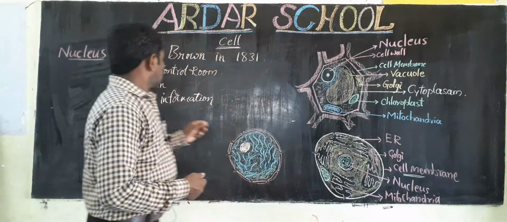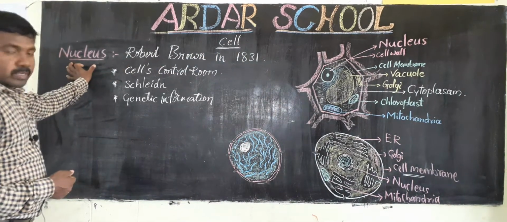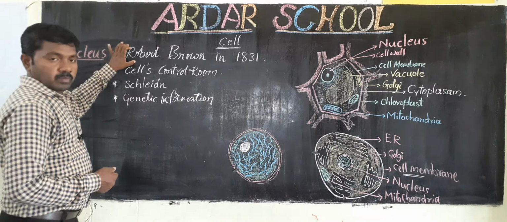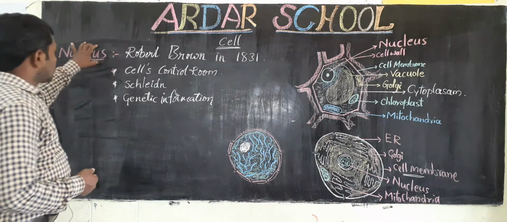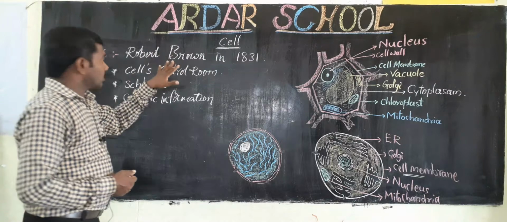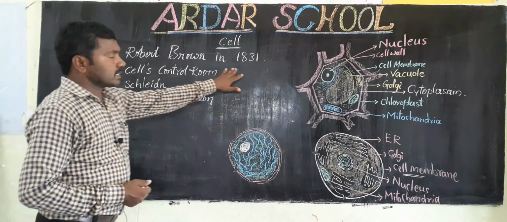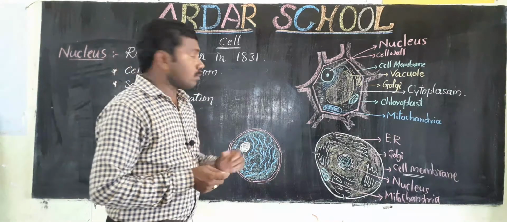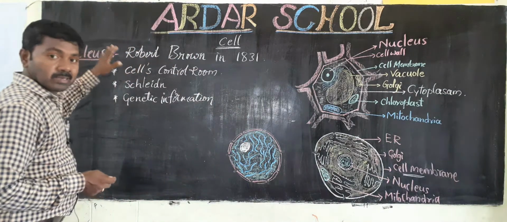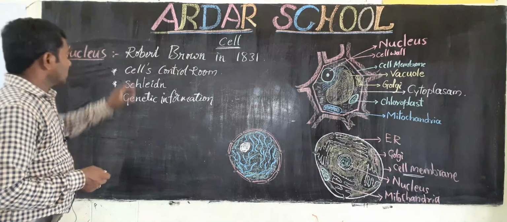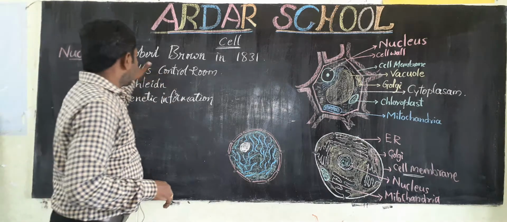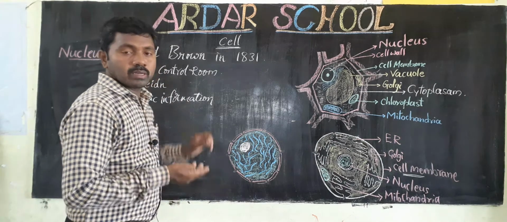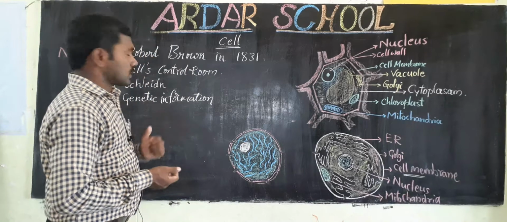Now children, we discuss the nucleus. Robert Brown named the nucleus in 1831. At that time he had no idea about the nucleus, what its function might be.